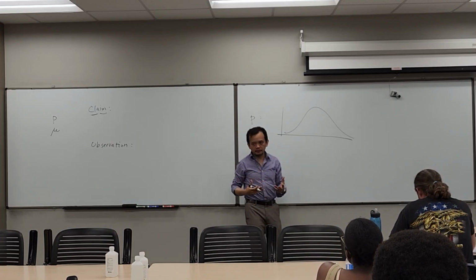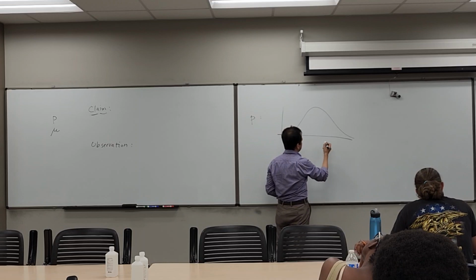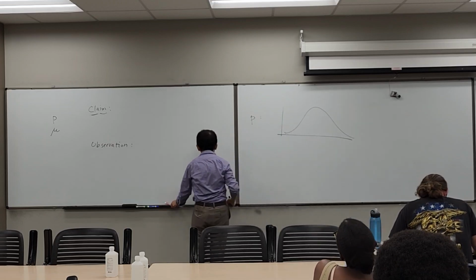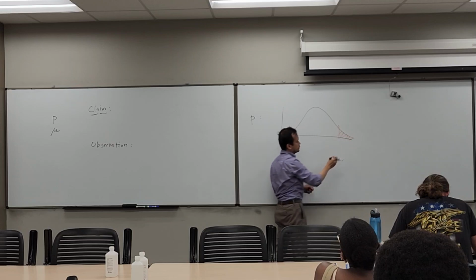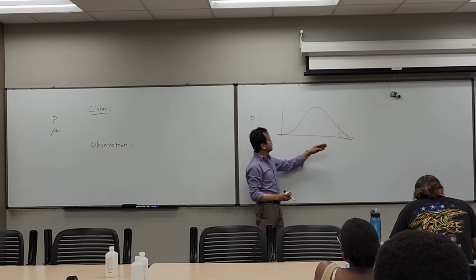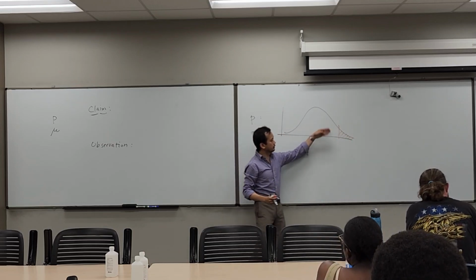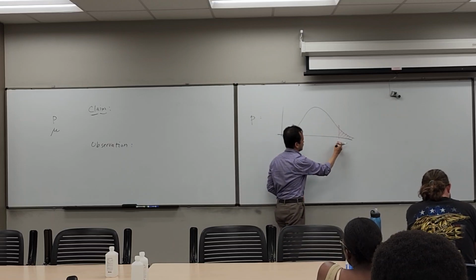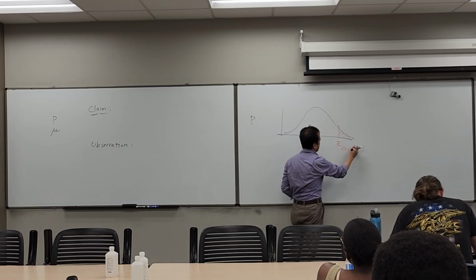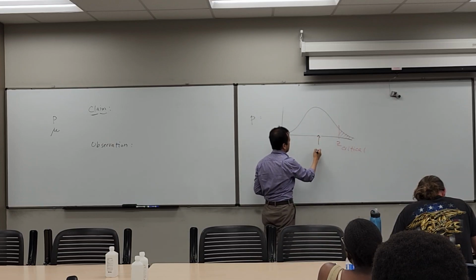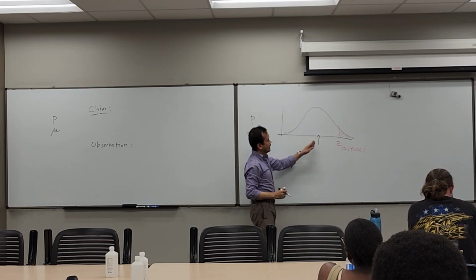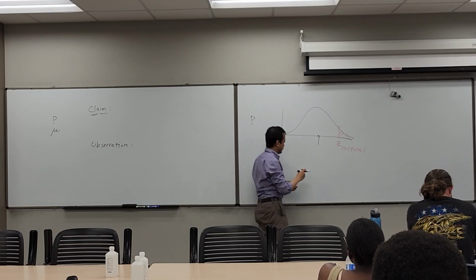Because you're dealing with a bell curve, where the tail starts is defined by a critical statistic, which in this case is a critical z-score. And then the observation will have its own z-score, which will be z-test.